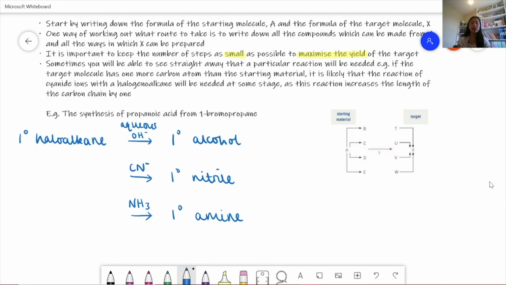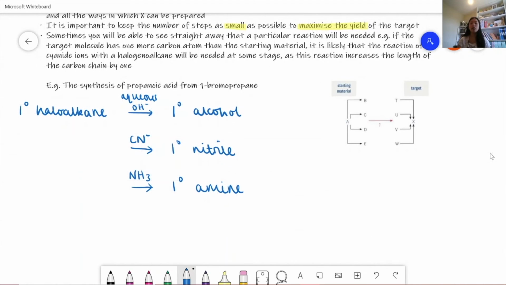And then the final thing that we can do with haloalkanes is we can go through an elimination reaction where we have the OH- this time heated and dissolved in ethanol. So we have alcoholic OH-, and this would be to form an alkene, because we're basically adding a double bond and getting rid of the bromine. So these are the two reactions that can happen with haloalkanes.